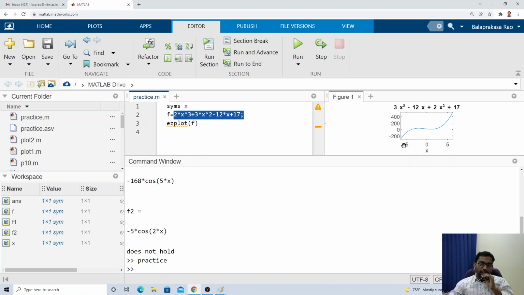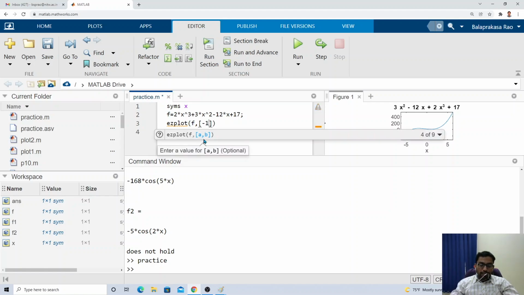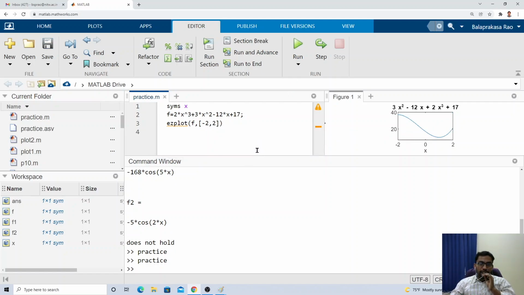By default, it was giving from minus 5 to 5. But if you want to see the curve from, let us say, minus 2 to plus 2, you can give minus 2 comma plus 2. Then you will get a curve between minus 2 and plus 2. You see here, right? So using this EZPlot command, you can draw the curve. Minus 2 and plus 2, we got this curve.